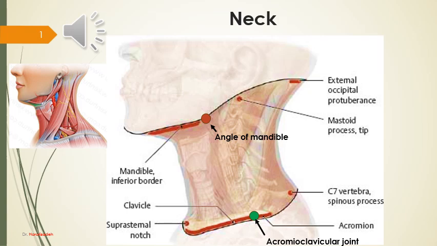Anatomically, the upper boundary of the neck is a line that connects the angle of the mandible, the superior nuchal line, and the external occipital protuberance.